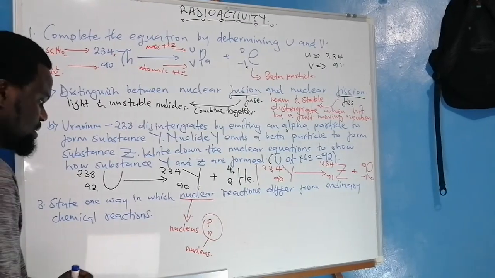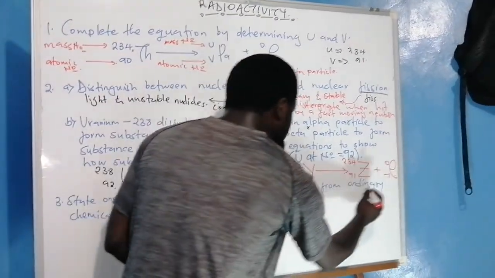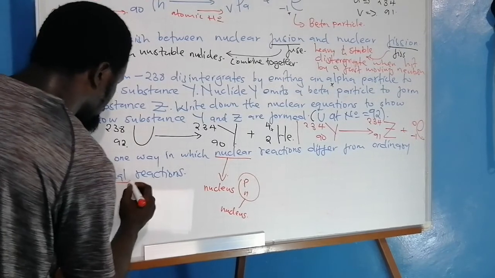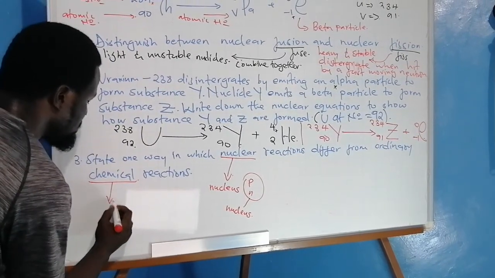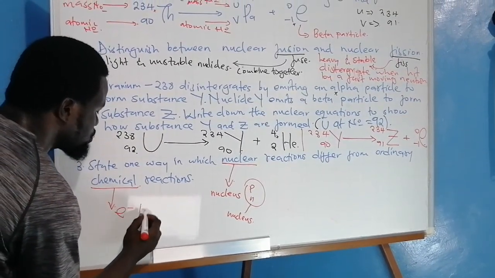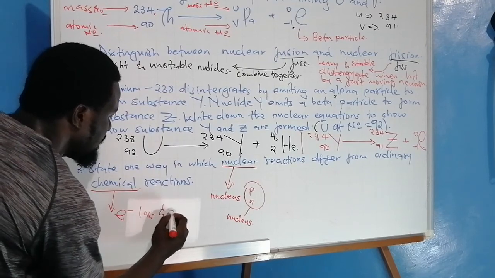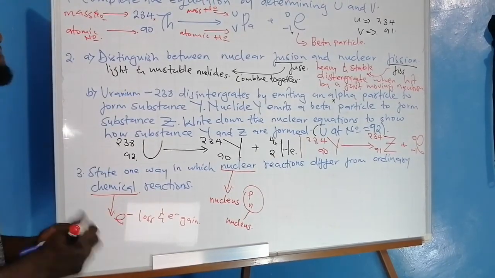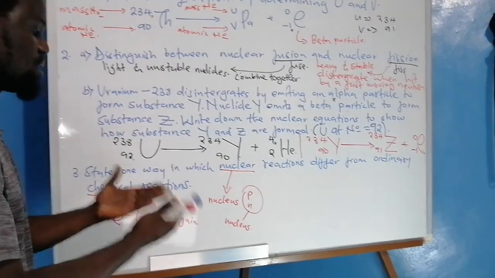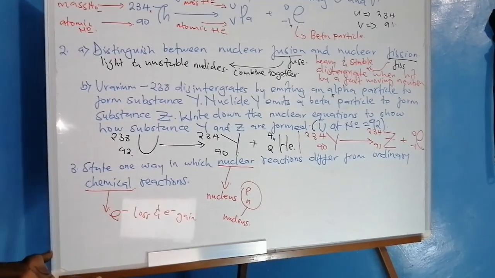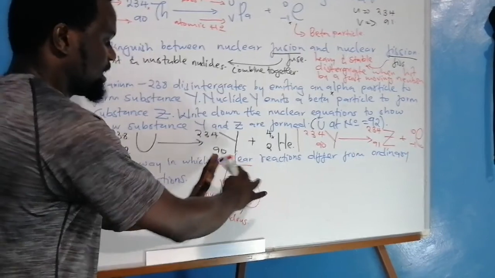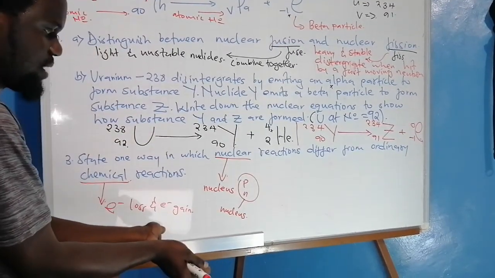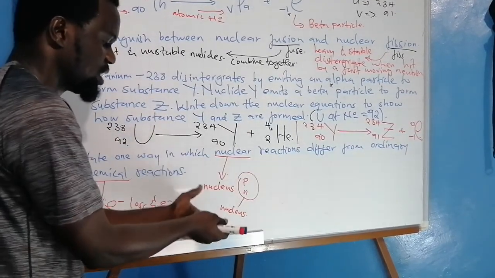and it involves protons and neutrons. And when we talk about chemical reaction, it involves electron loss and electron gain. So that is one of the major differences between nuclear reactions and ordinary chemical reaction. Nuclear reaction takes place within the nucleus of an atom, where it involves the protons and neutrons.